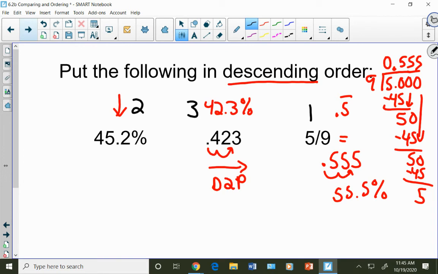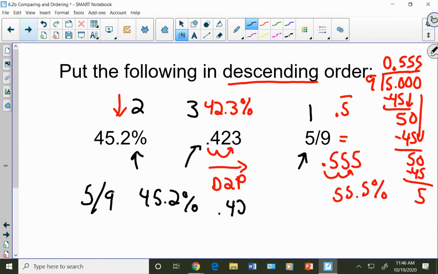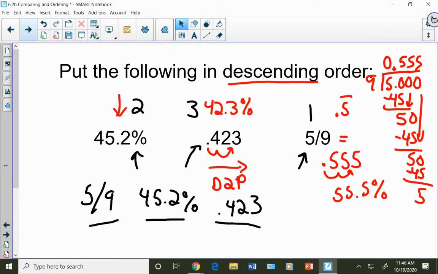If you were writing that down, you'd write 5/9 first, 45.2% second, and 0.423 is the smallest. So largest to smallest, that's descending order.